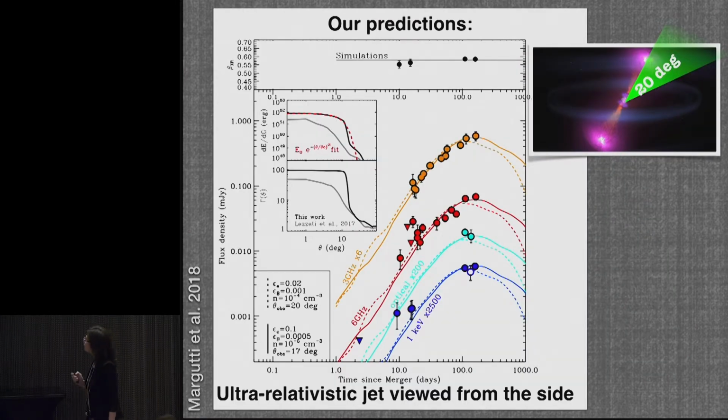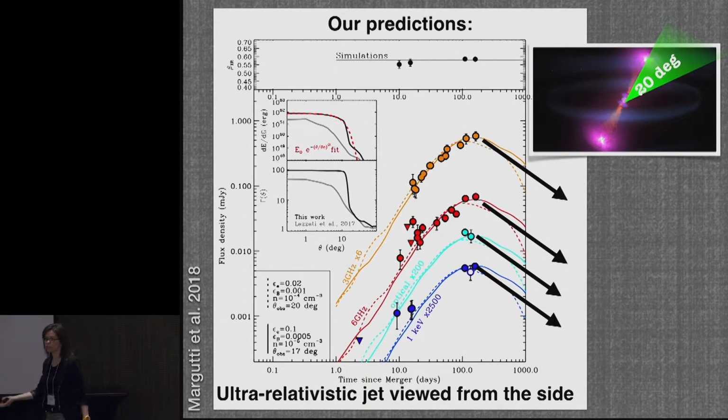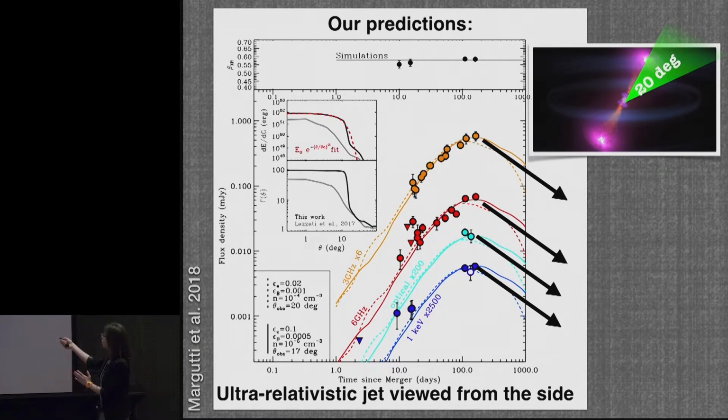So what were our predictions? Our predictions, based on what we saw at around 100 days, were two. The first prediction is that if we were correct, the emission should start decaying. Why? Because we don't have infinite freedom in how much energy to put in the jet. There is a trade-off between the fact that we have to match the time scale and the flux level.